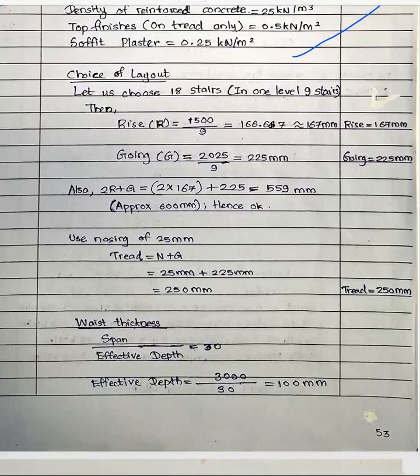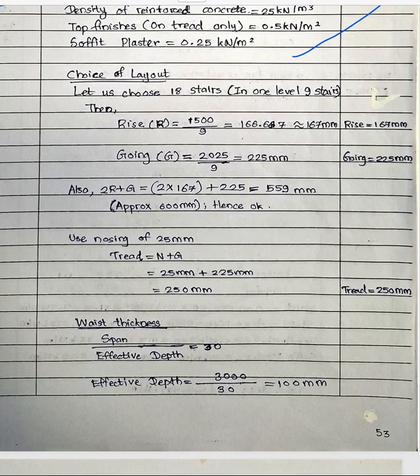For the design, we first want to choose the number of stairs in that position. For that I choose 18 steps in one level. So one level is 9 steps.